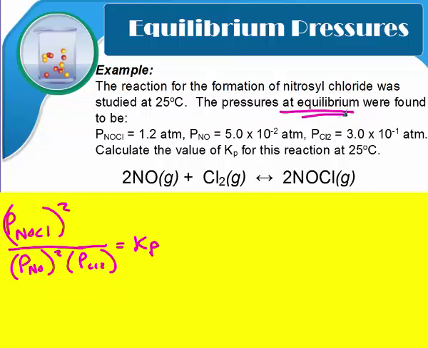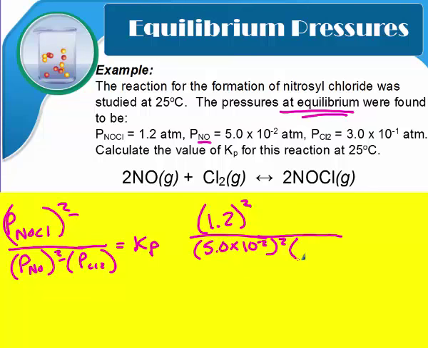Notice it doesn't say anything about initials, so we can just plug these values directly in, paying attention to which substance goes where. Also, making sure that we remember to add our exponents where needed.